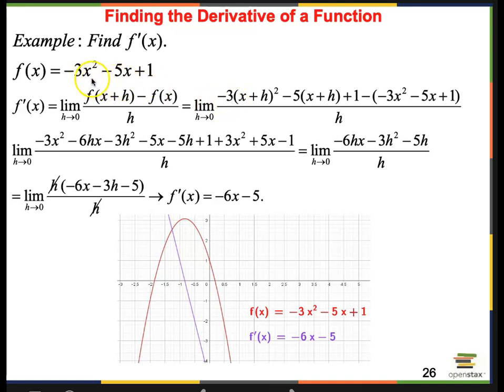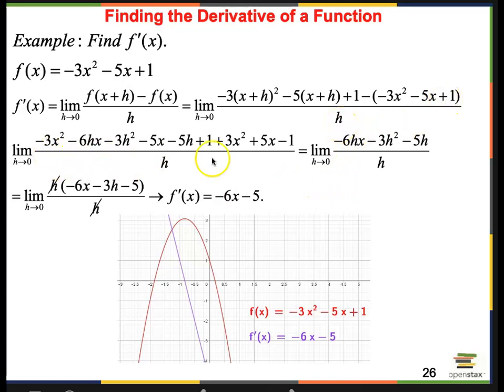So I have negative 3 times x plus h squared, minus 5 times x plus h, plus 1. That is all of this f of x plus h, minus the function, which is negative 3x squared minus 5x plus 1. All of that's over h.